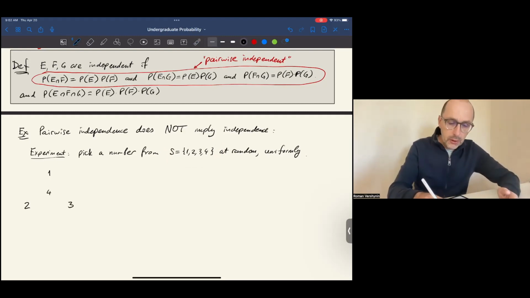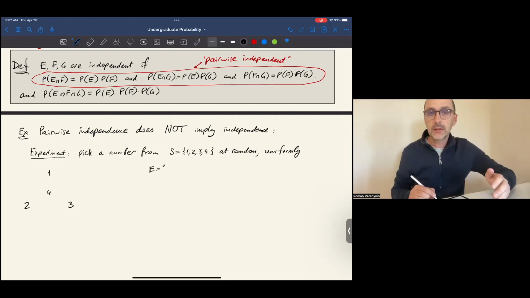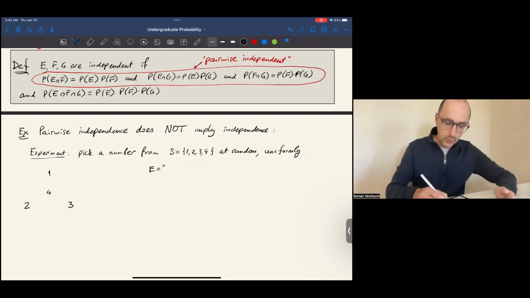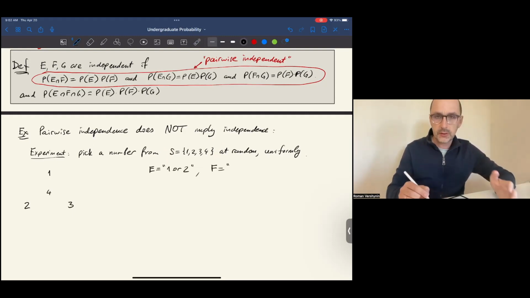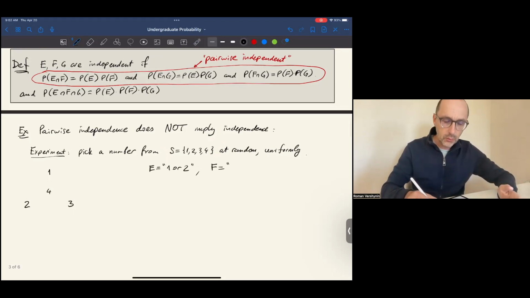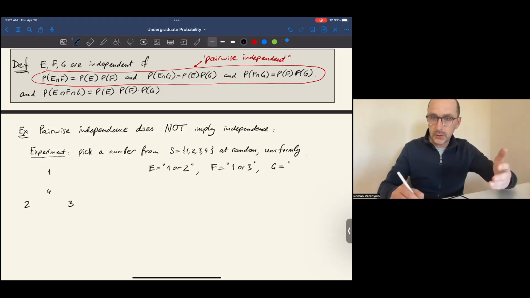Now consider the following three events, E, F, and G. E will be the event that you picked 1 or 2. F will be the event that your picked number is 1 or 3. And G will be the event that your number is 2 or 3.